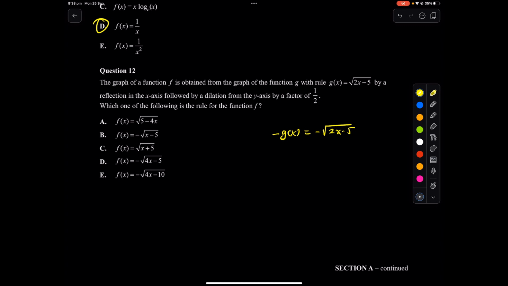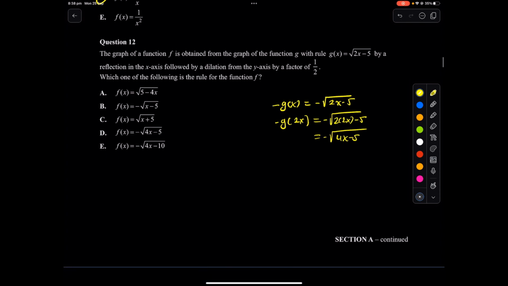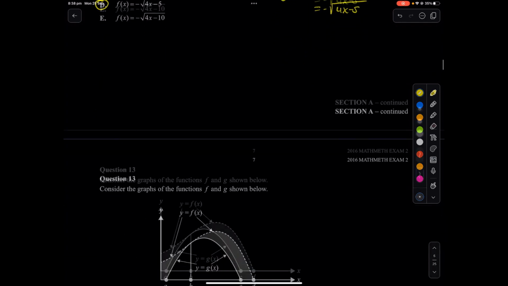So dilation by a factor of half parallel to the x-axis. So we're just saying negative g of 2x, which is negative 2x minus 5, which is negative 2 times x minus 5. Which of the following is a rule for the function? It will be D.